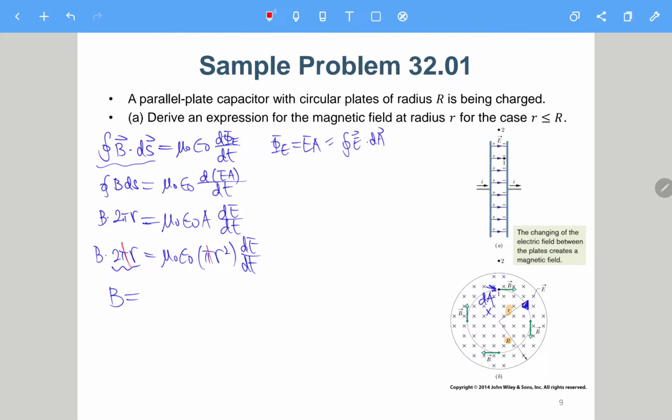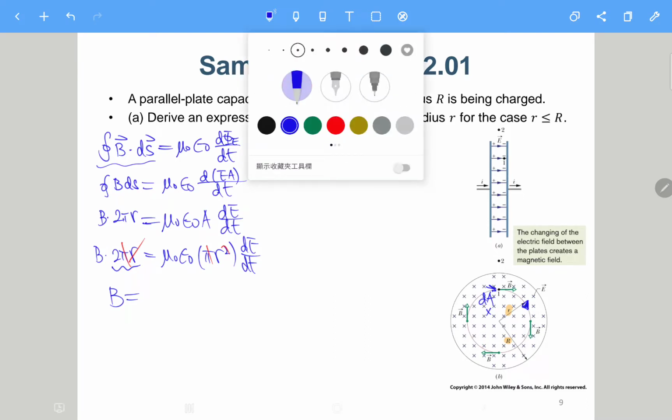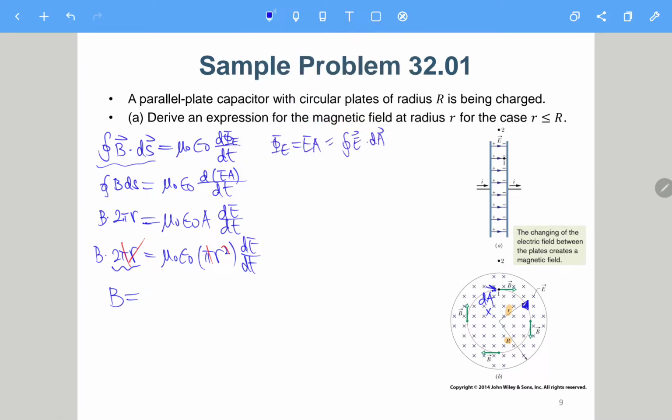This pi and this pi can be cancelled. This r and this r can be cancelled. And then that's it. So we have B equals mu naught epsilon naught r over 2 times dE/dt. So far the question doesn't tell you how the E field changes, so we just put that term there.